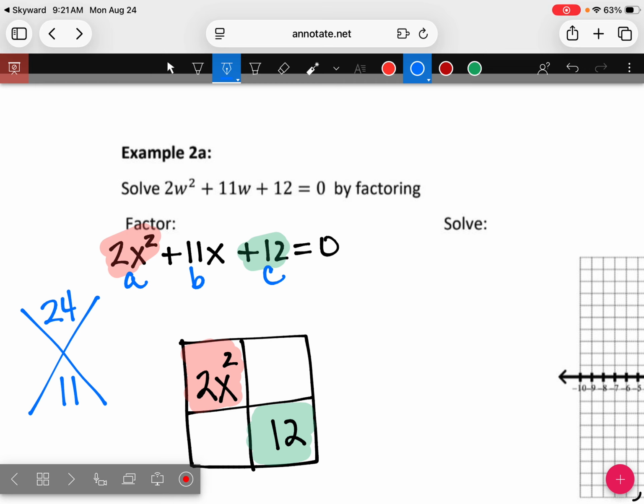B is 11. Don't say it out loud. Give everybody a chance. We need two numbers that multiply to give you 24 and add to 11. There's a lot of places you can find 24, but we need the two numbers to add to give us 11.